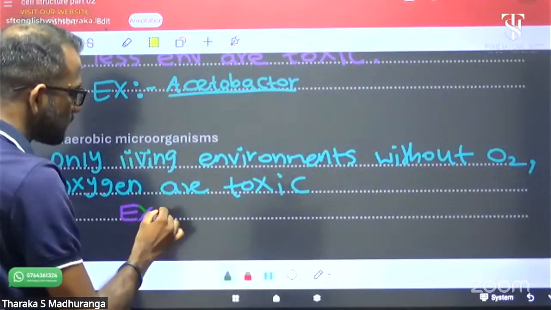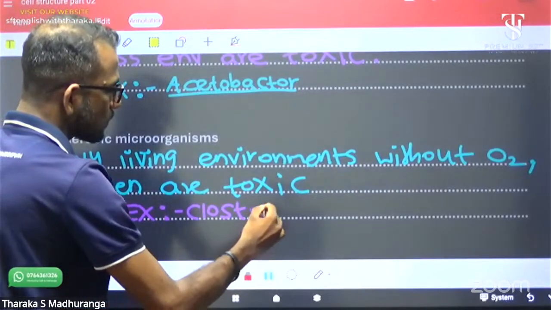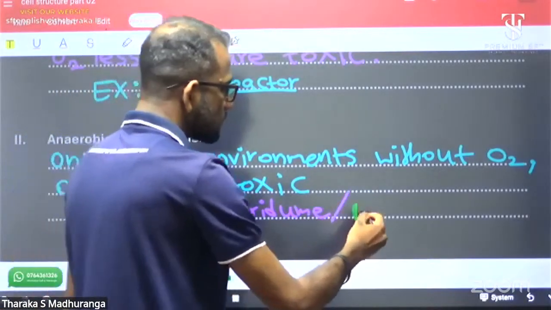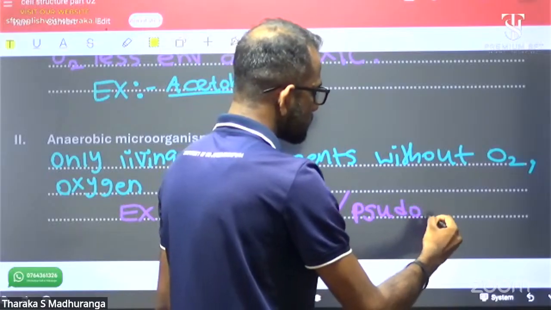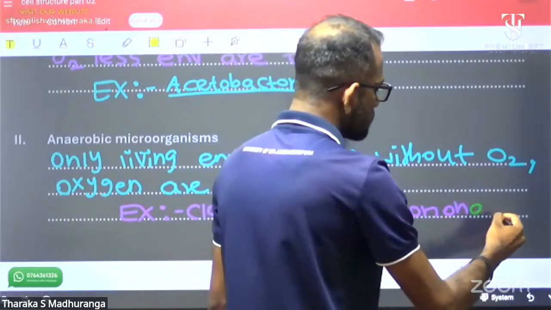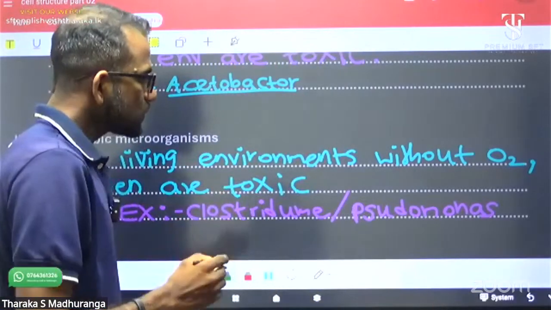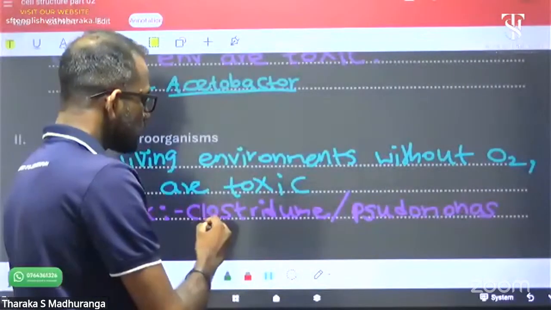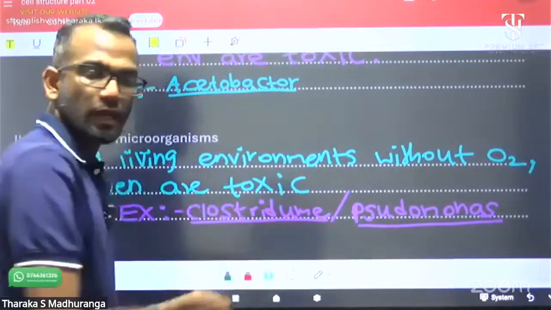Okay, who are the examples? Write down the examples. Clostridium, Pseudomonas. Write the names in a composite row line, and the first letter is always capital.